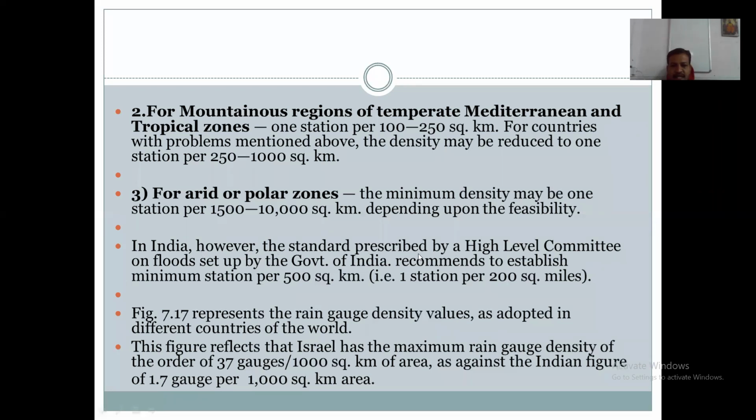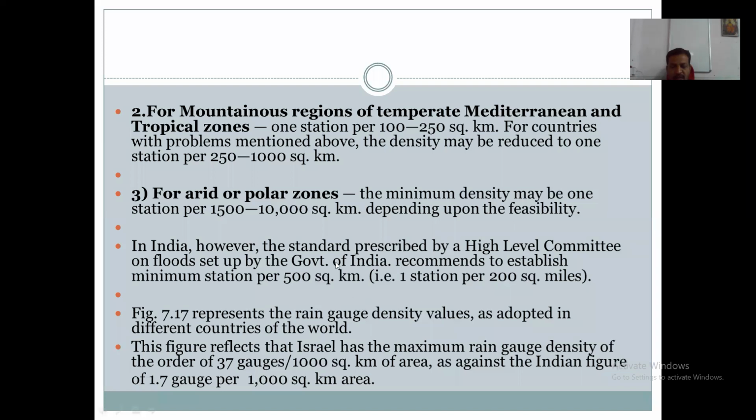In India, the standard prescribed by the High Level Committee on Flood, set up by the Government of India and the Indian Meteorological Department, recommends establishing a minimum of one station per 500 square kilometer area.